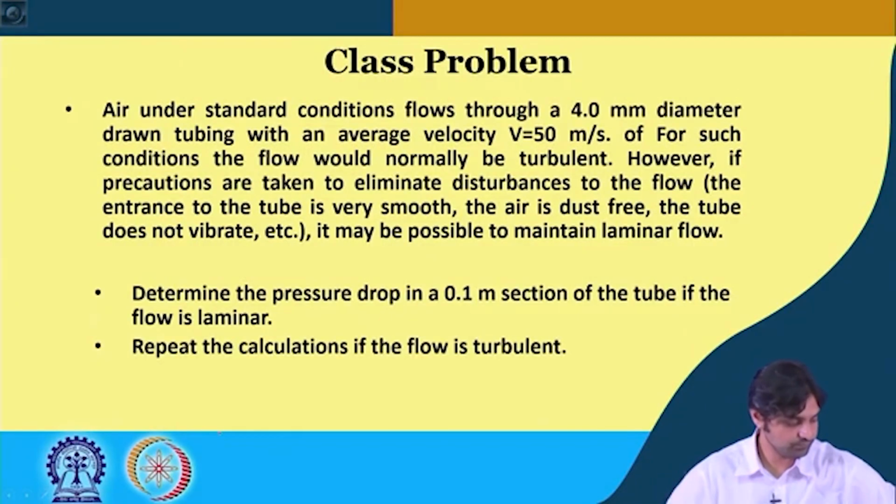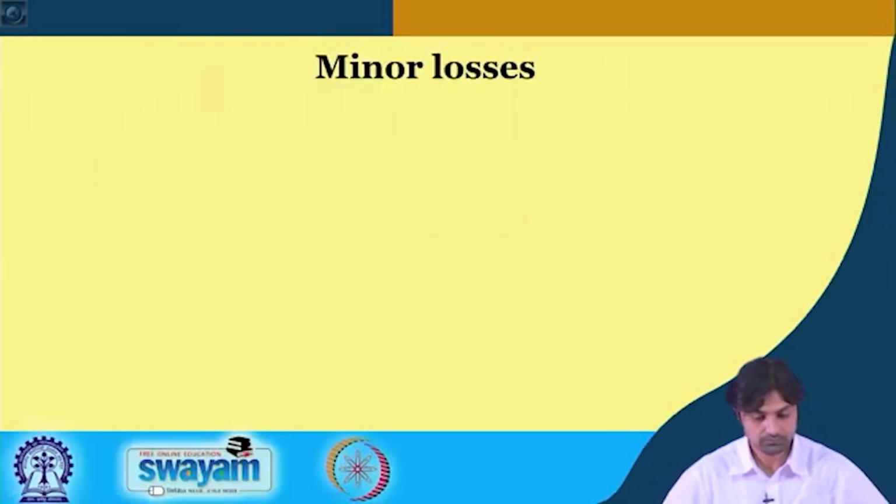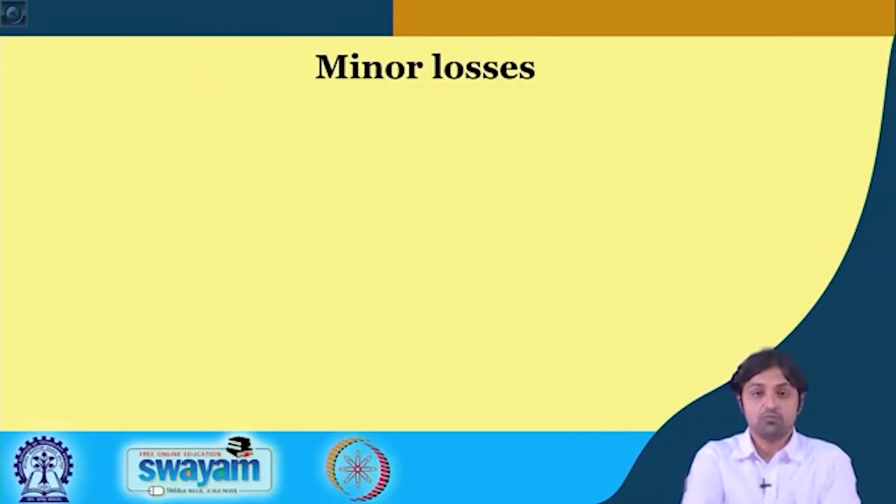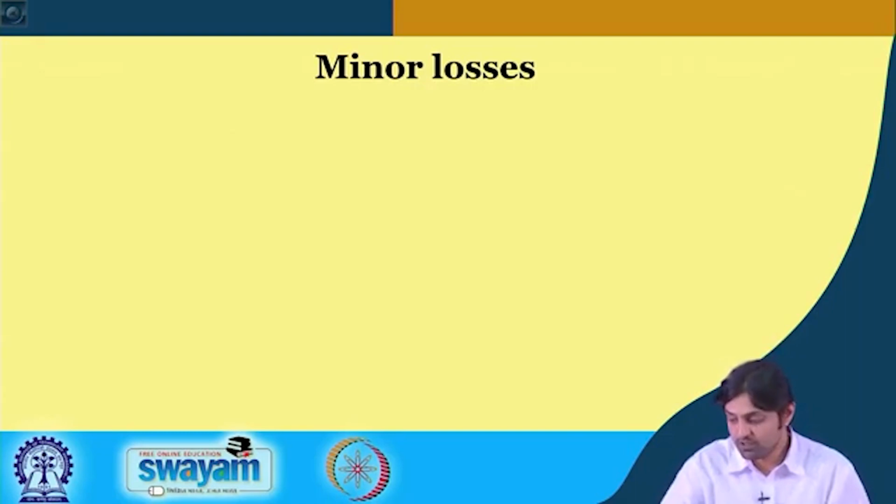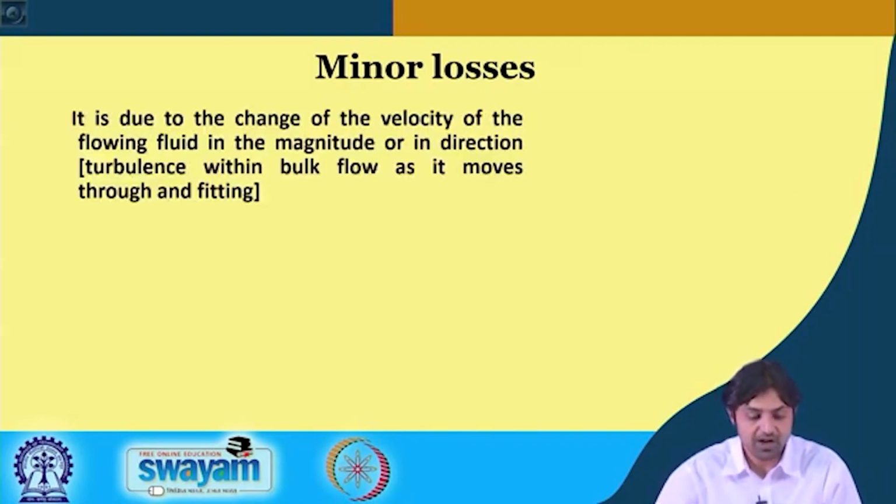So we talk about the minor losses now. We have talked much about the major losses, but now we must put our focus a little bit on the minor losses. Minor losses are due to the change of the velocity of the flowing fluid, either in the magnitude or in the direction.